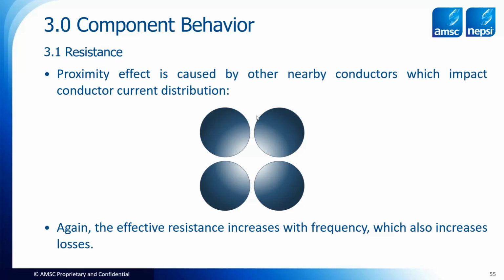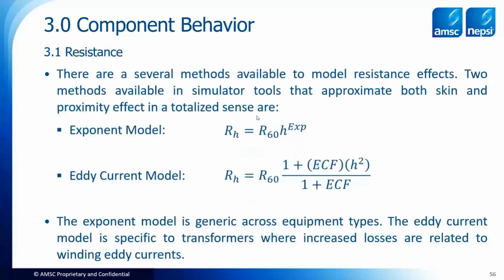So in harmonic simulation tools, there's a lot of ways you can do this. There are two models that I'm familiar with that I've used extensively over the last number of years, and these are the exponent model and the eddy current model. Now, the exponent model is fairly generic. In other words, it allows you to select some base resistance and then some exponent value.